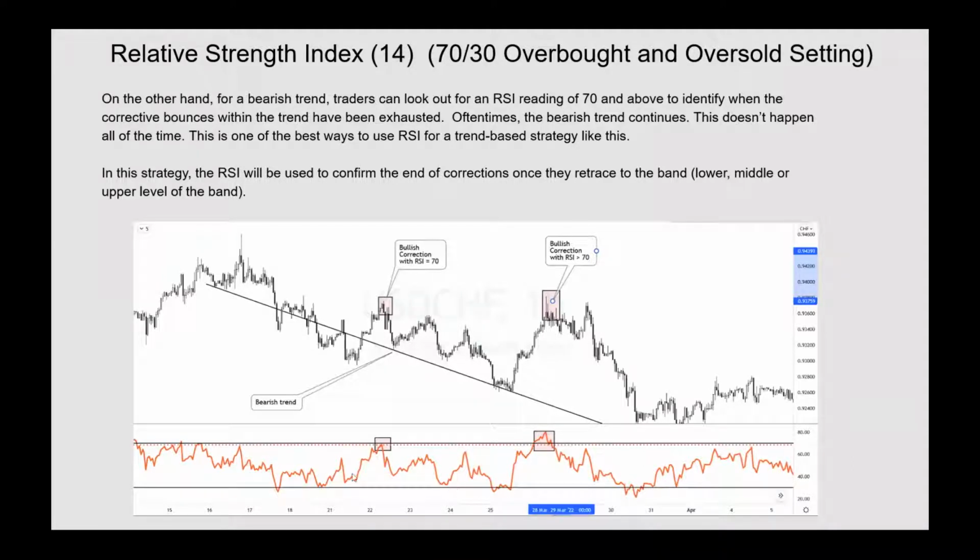A majority of them are actually false signals. So we got the real signals at the top, in the overbought regions, because the price is trending downwards. So if this also coincides with the correction going back to the moving average band, then the when and the where is done.